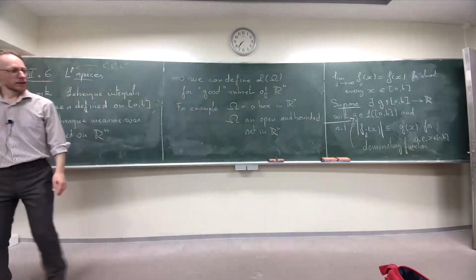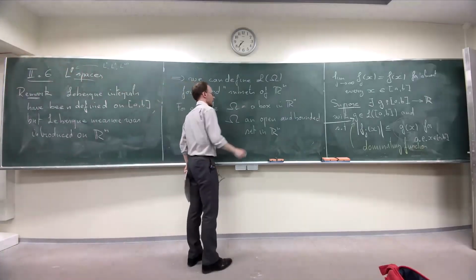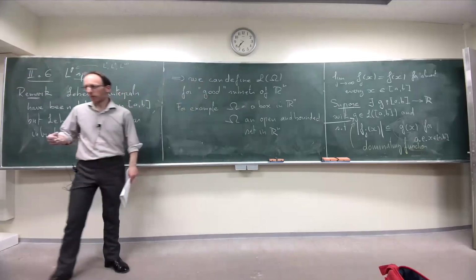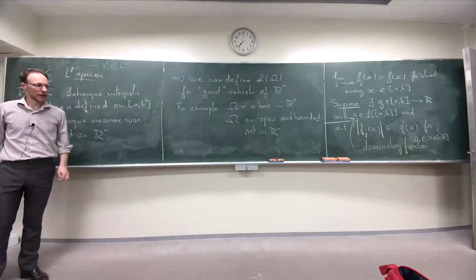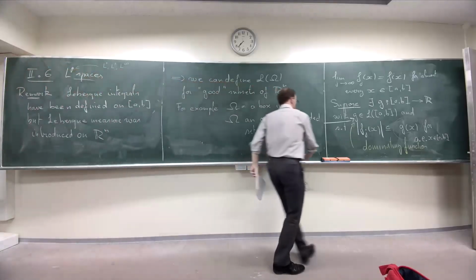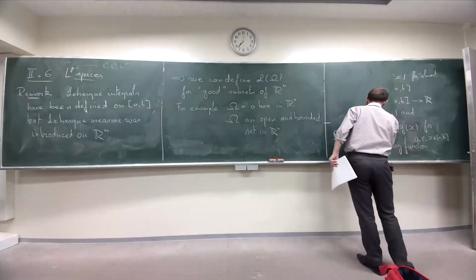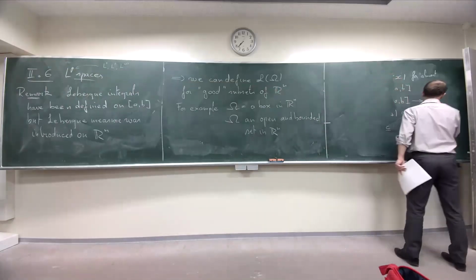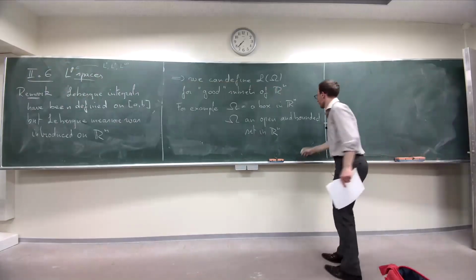So I will use this notion of good subset in the sequel because it's natural. I will define functions on a set omega in Rn. From now on, I will not stick to the one-dimensional case because it's not sufficient in many applications.